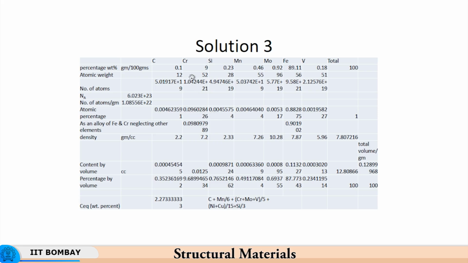So you see that the atomic percentage is very closely related with the percentages which are mentioned here in weight as far as chromium is concerned. For silicon again it is 0.0045, for manganese again 0.0046%. So here, everything added together, you get the atomic percentage, right.